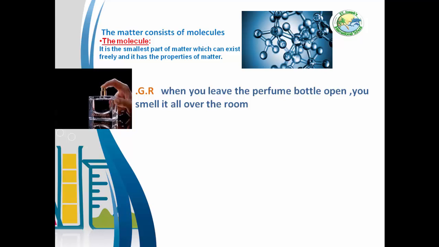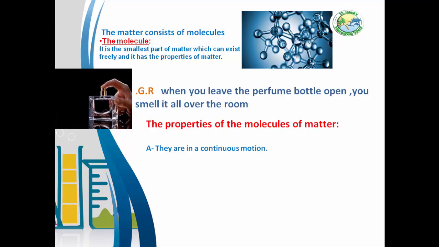Then we will move to the next part, which is the properties of molecules of matter. What are the properties of the molecules of matter? The first property is the molecules of matter are in continuous motion, like the motion of the perfume particles or molecules. The second property is they have intermolecular spaces among the molecules of matter.